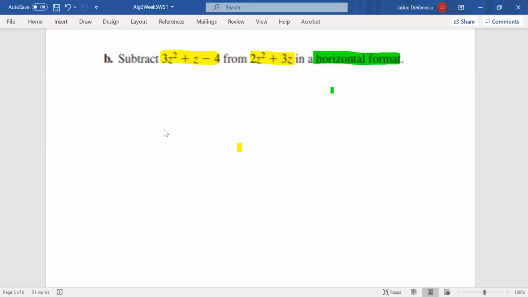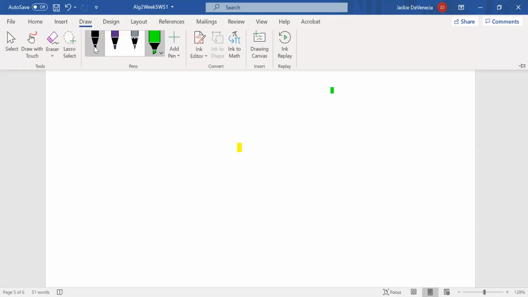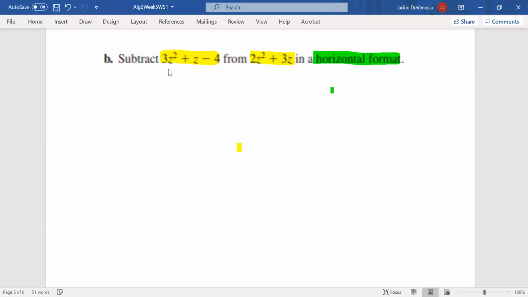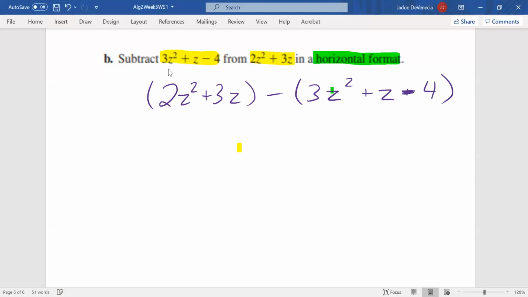This is how it'll look once you set it up. I'm going to write parentheses. All right, so it's in parentheses, and then I'm going to start combining like terms.